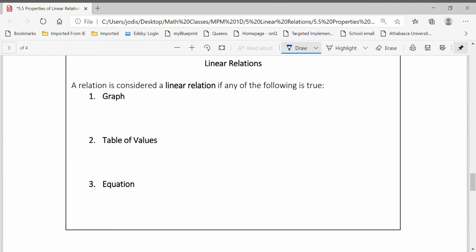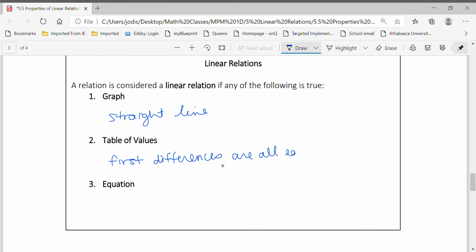Remember that a relation is considered a linear relation if any of the following is true. If the graph is a straight line, or in a table of values, if our first differences are all equal, or in the equation, the base is x and the exponent is 1.